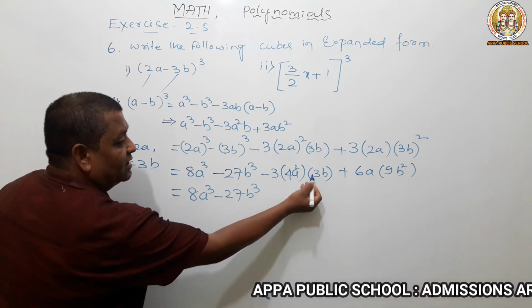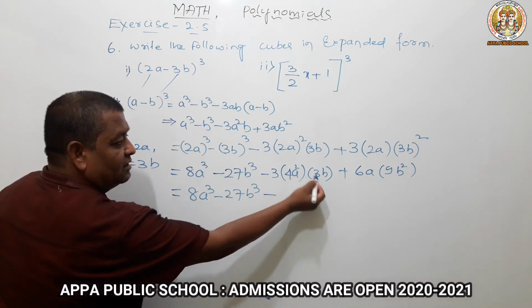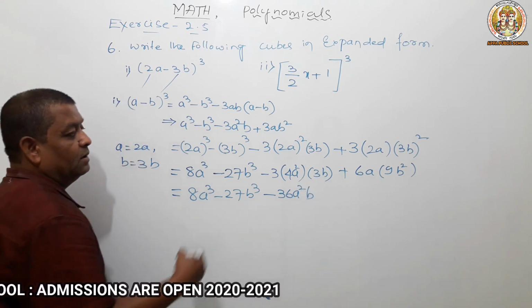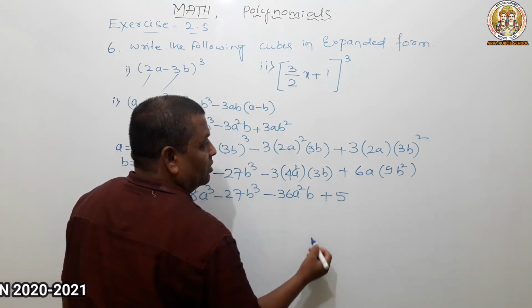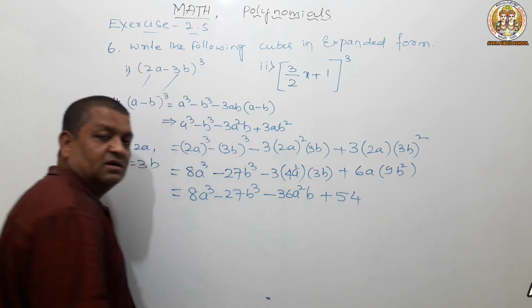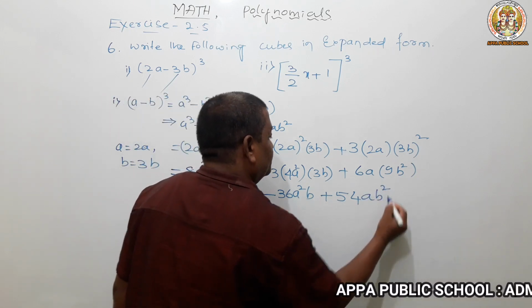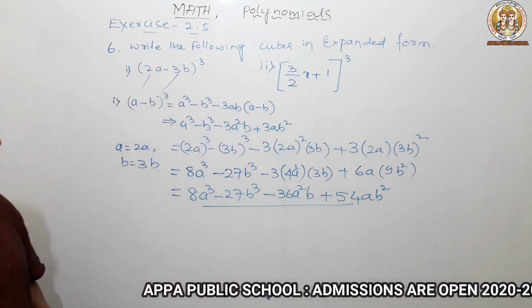Now plus into minus, minus 3 4s are 12, 12 3s are 36, a square b. This side, 6 9s are 54, ab square. So this is our final answer.